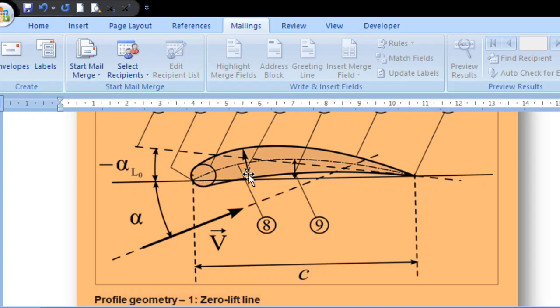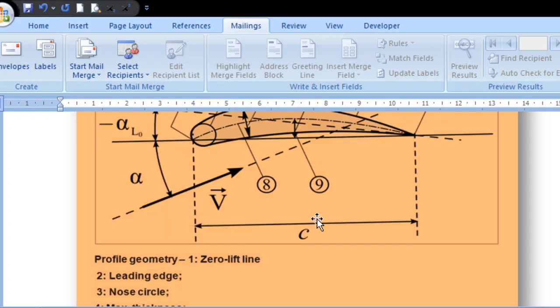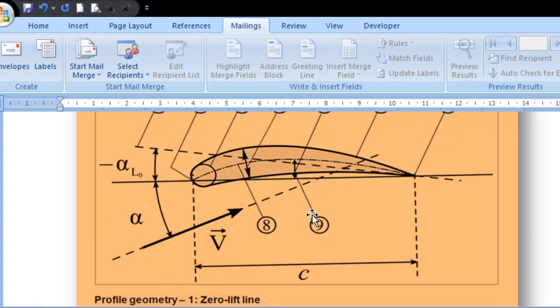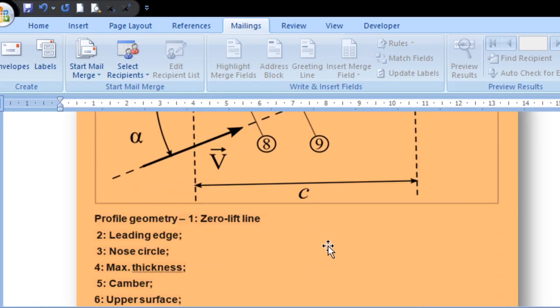If it is totally symmetrical, then the camber is 0. Camber is the identification which shows you that this is non-symmetrical. Then the chord line: the straight line joining the leading edge to the trailing edge is called the chord line.